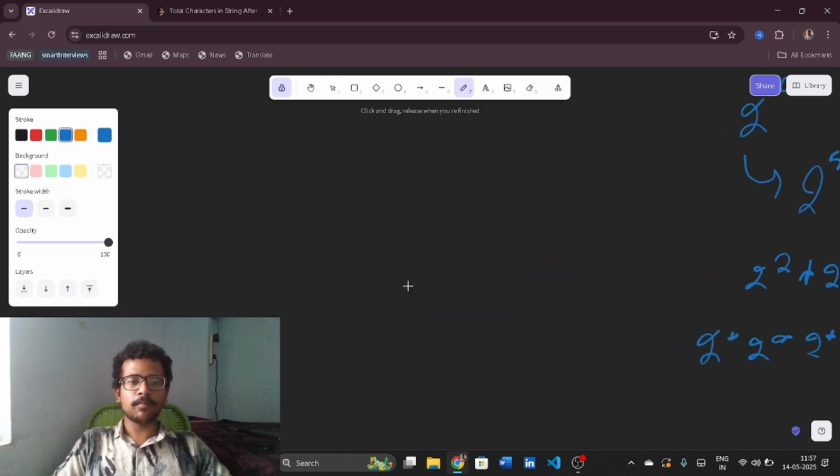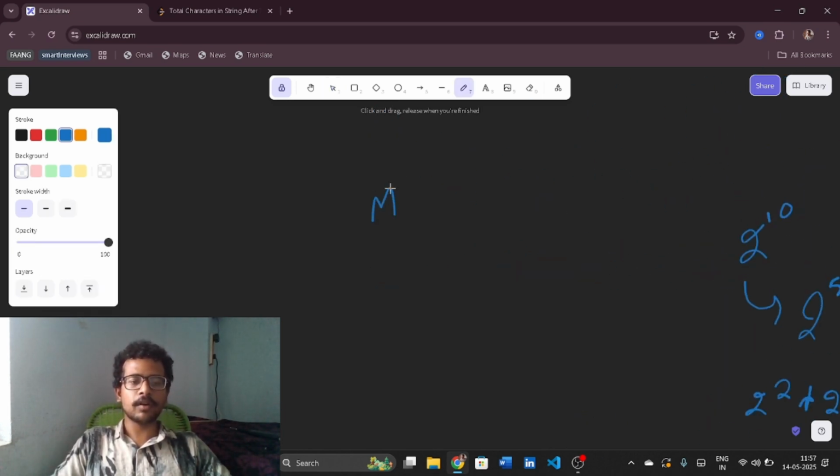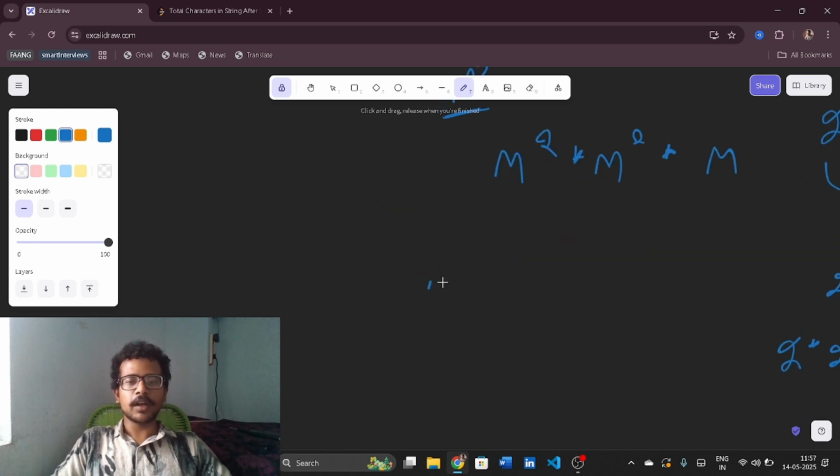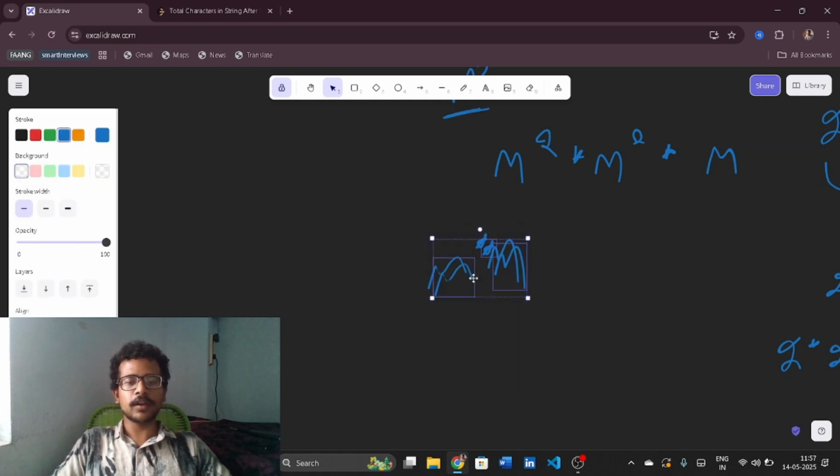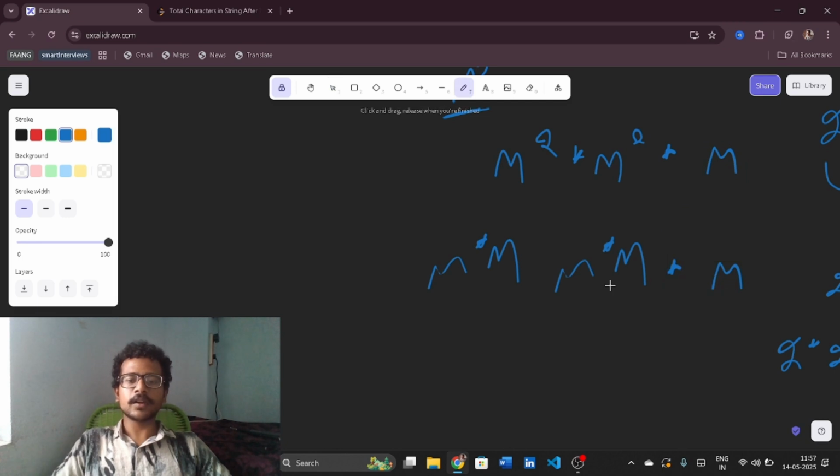Now let me take m power 5. m power 5 is nothing but m square into m square into m. Now what is m square? It is nothing but m into m. Now let me write the same thing here, m into m and then into m. That's it, I got the answer here itself.